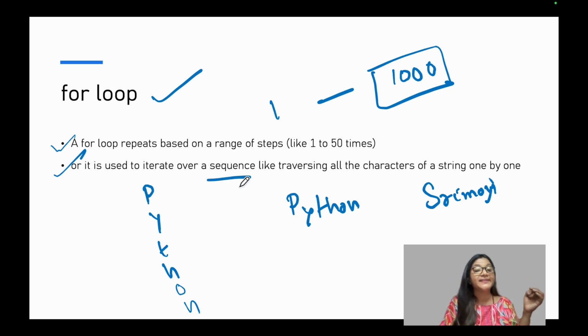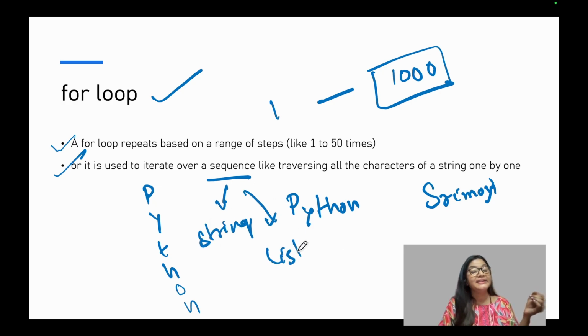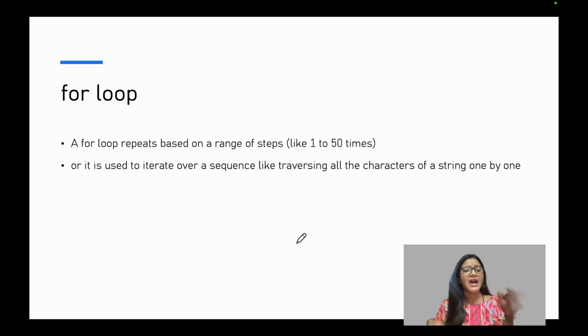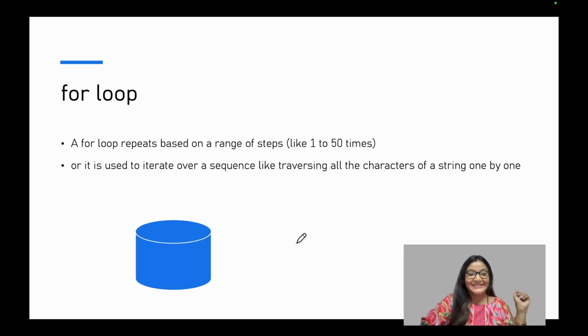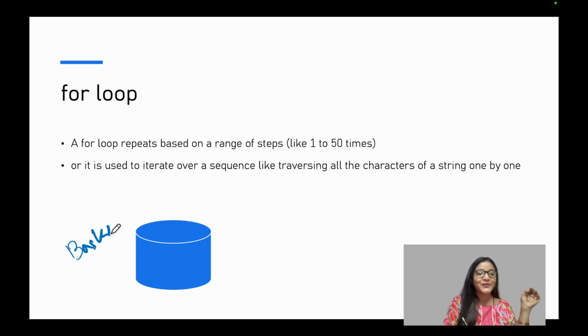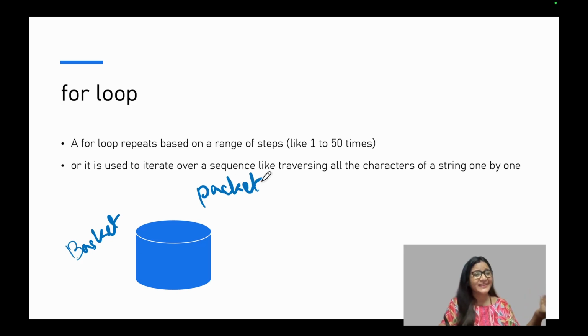So a sequence simply means that could be a string in Python, or that could also be a list in Python, right? Okay. Now, I'm going to demonstrate this through a simple visual representation, how for loop works. So, let's imagine that this is a basket where I have some packets, maybe some packets of biscuits.